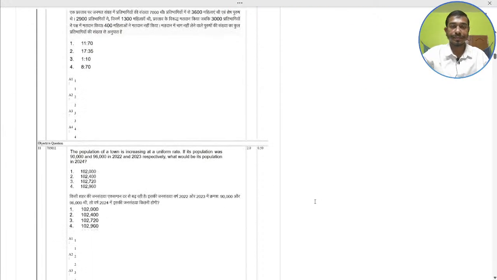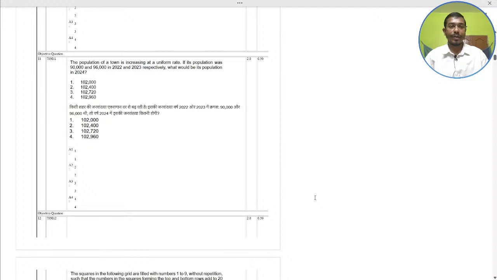Next, the population of a town is increasing at a uniform rate. If its population was 90,000 and 96,000 in 2022 and 2023 respectively, so what would be its population in 2024?